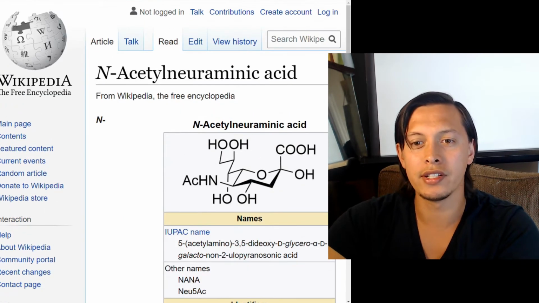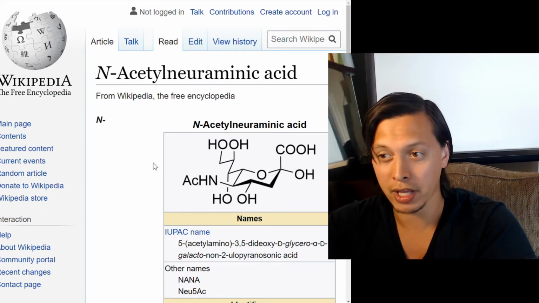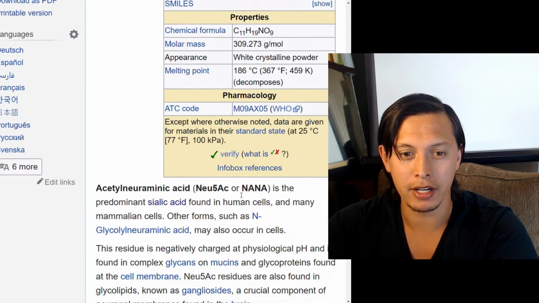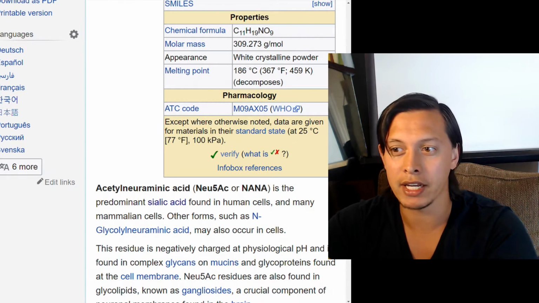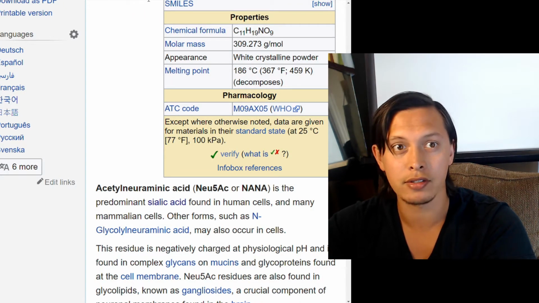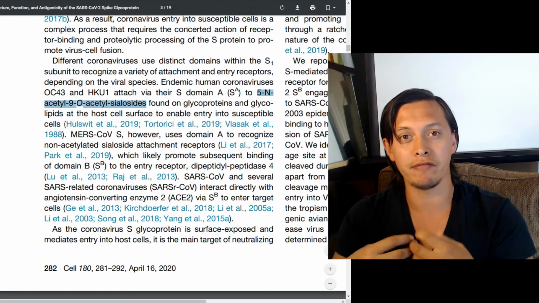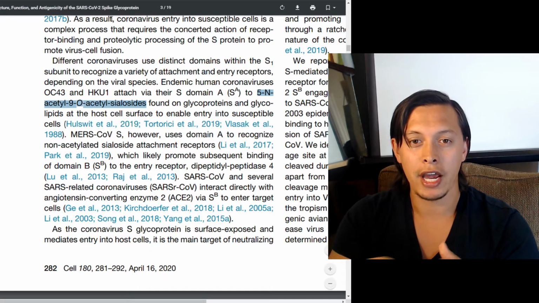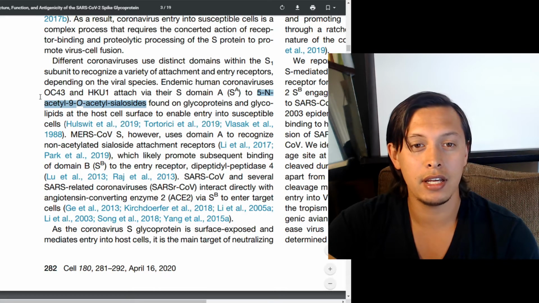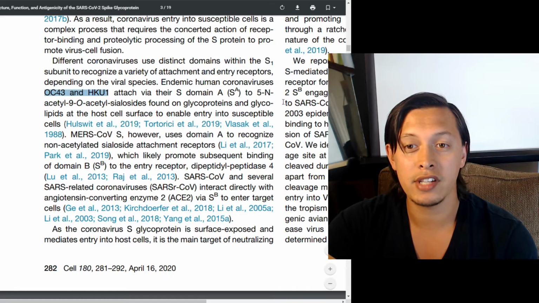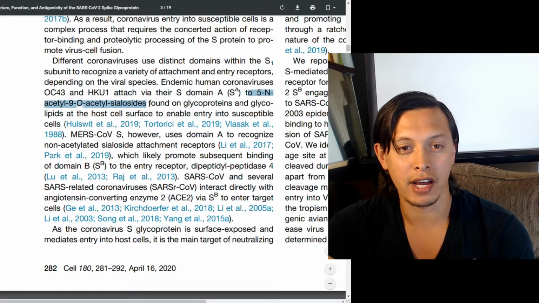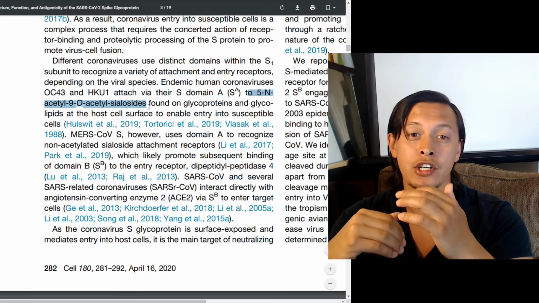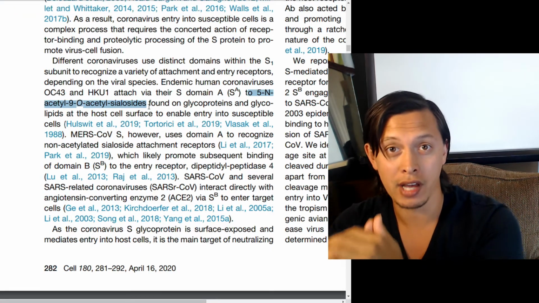So this is a type of very complex sugar. And this complex sugar is on the surfaces of many glycoproteins and on the surface of many glycolipids on the cells. And so these two coronaviruses stick to these sialic acids, or stick to these sugars, and that is one way for them to get close or stick to the cell and get into proximity.